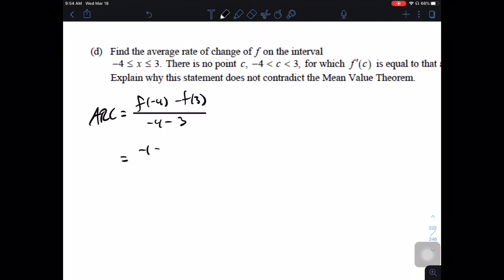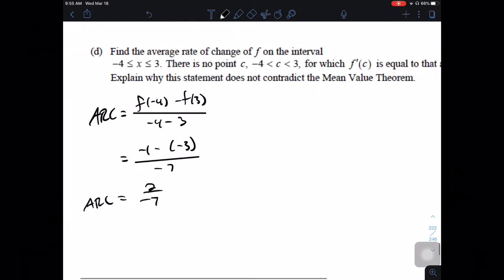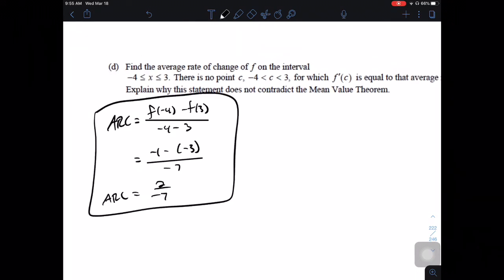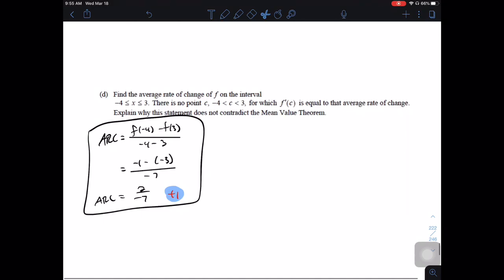That's a negative 1 minus a negative 3 over negative 7. That's going to be 2 over negative 7. That is the average rate of change. Do that correctly, you get a point.